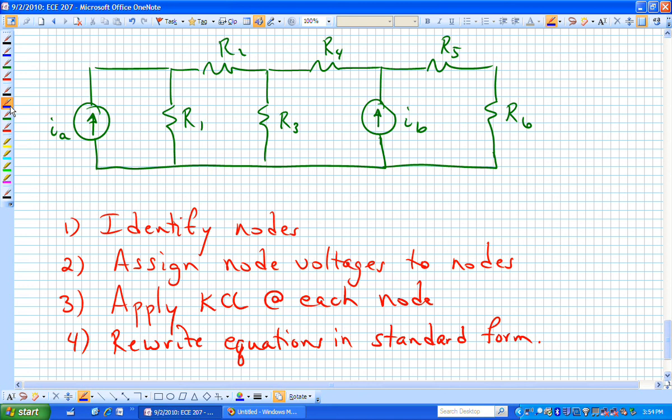Let's start counting. There's a node. Correct? How about this one? That's a node. How about this one? That was supposed to be the third node. That's a 3. That's supposed to be a connection. There's 4.